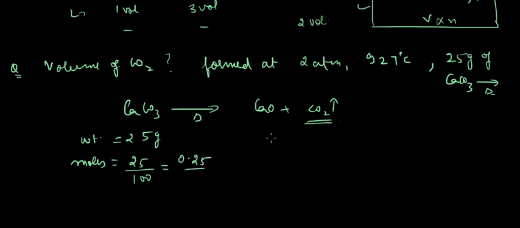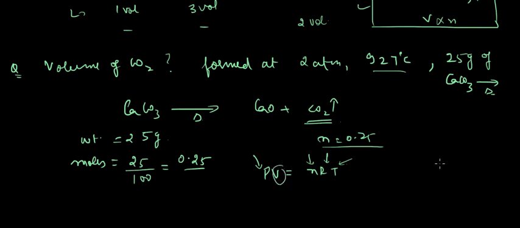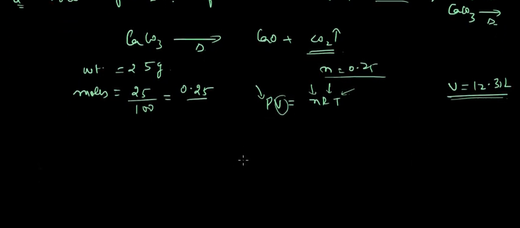The moles of CO2 released would again be 0.25. Hence, by applying the ideal gas equation PV equals nRT, we know the pressure, the number of moles, the gas constant, and the temperature 927. From here volume can be calculated, and you can go on and calculate it. The volume should come out to be 12.31 liters.